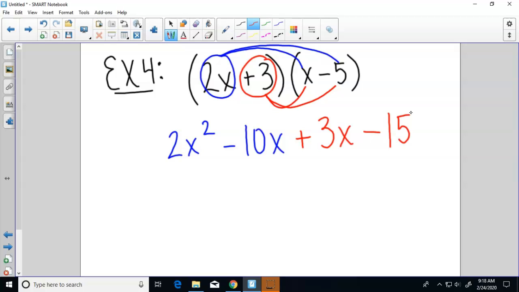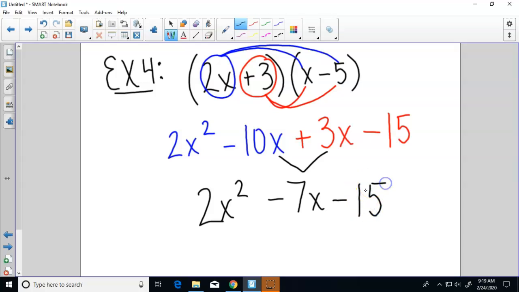Now, Gabe, are we done? Is this the answer? We're not. What can we do? Very good. And what will we get for our answer whenever we do that? Good. So we get negative 7x whenever we put these two right here in the middle. Now, the 2x squared, we cannot combine that with anything, so we've got 2x squared, and the 15, we've got the 15 over here.